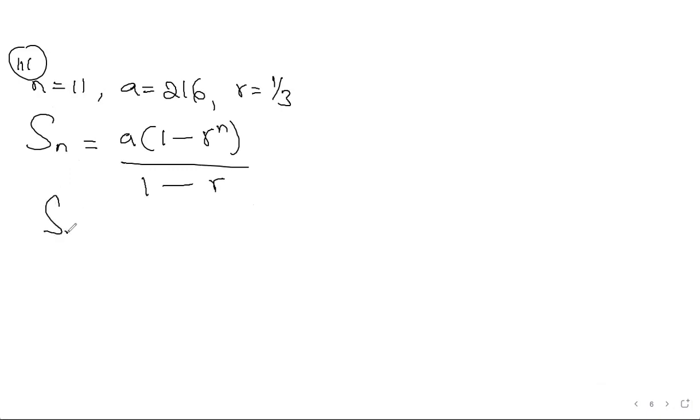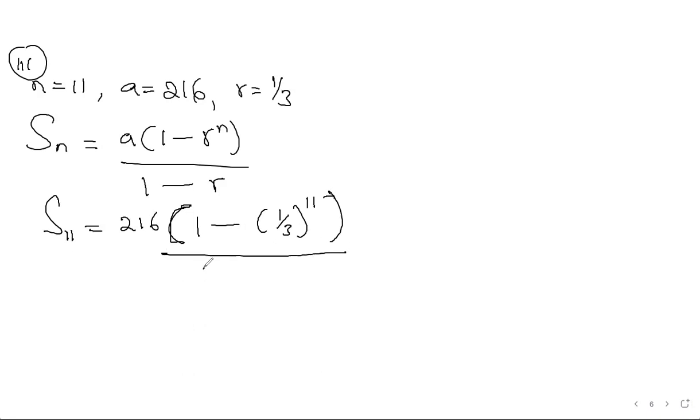So S11 will be a, which is 216, into 1 minus 1 over 3 raised to the power 11, divided by 1 minus 1 over 3. So S11 will be 216 into 1 minus 1 over 3 raised to the power 11.